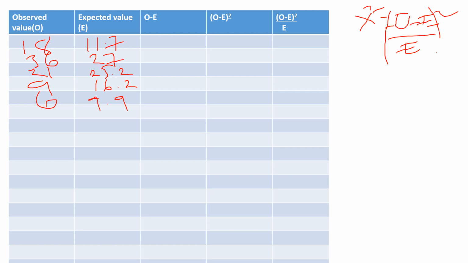And then now from there we can get the difference between the two columns, that is the observed value minus the expected value.